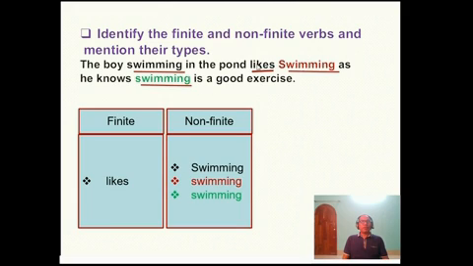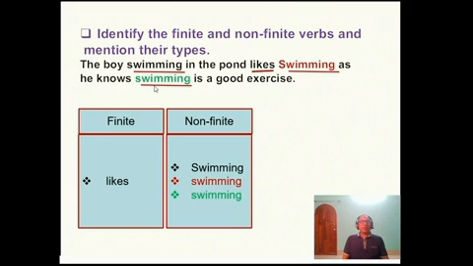The boy swimming in the pond, here swimming is present participle, and as present participle this is a non-finite verb. Like swimming, here swimming is an object. As object, this also works as a noun, and this is a gerund. As he knows, swimming is a good exercise.